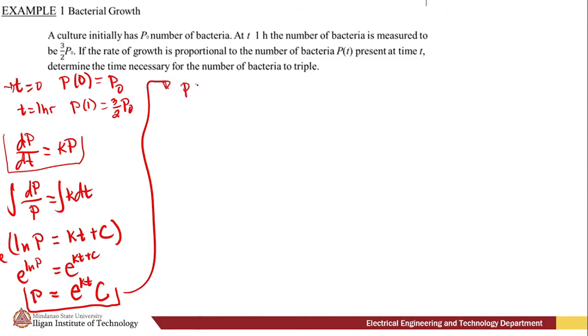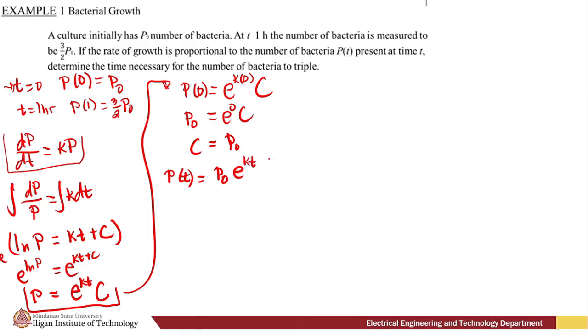At t equals 0, we have e raised to k times 0 times C. P of 0 is the initial value of our population. So e raised to 0 times C, so the value of our arbitrary constant is P sub 0. Our solution now, P of t, is equal to P sub 0 e raised to kt.